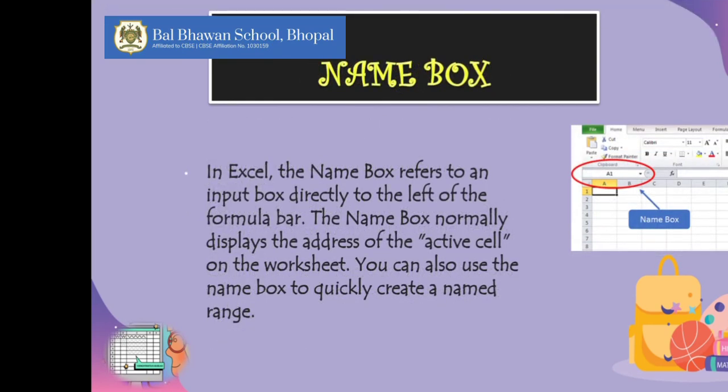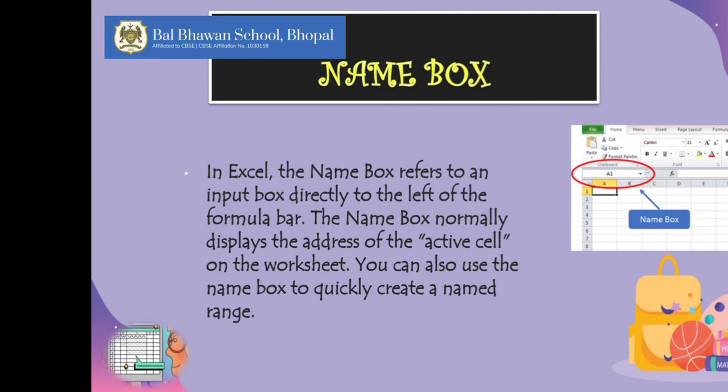Name box. Name box or address bar. In Excel, the name box refers to an input box directly to the left of the formula bar. This name box normally displays the address of the active cell. Active cell here means the cell which you have selected, the cell which has been clicked.